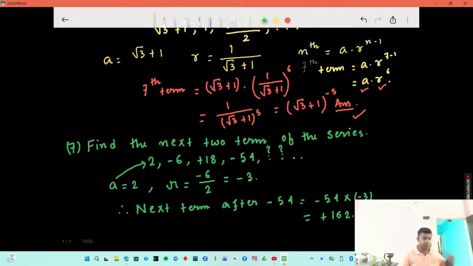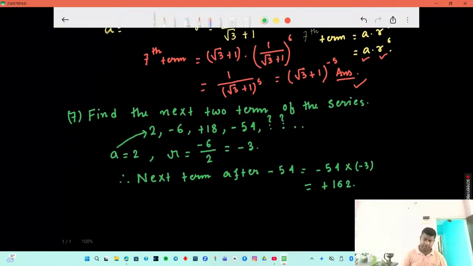Is it clear to you? By just multiplying the term with the common ratio, we can find the next term. Again, we have to find the other next term, because in this question we have to find the next two terms of the series.